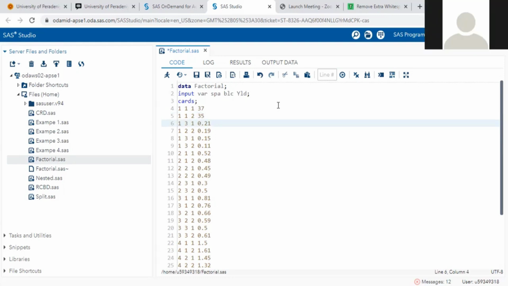Yes. Right. I made a mistake. How many blocks are there? Please. 3. You also can enter the data.